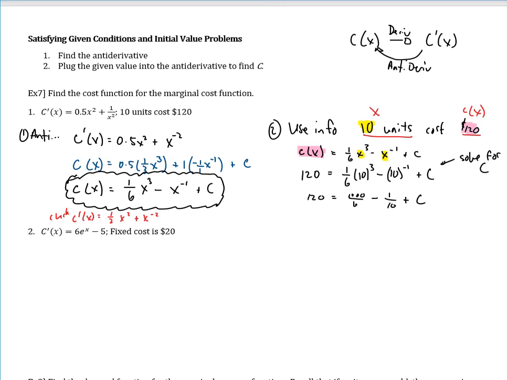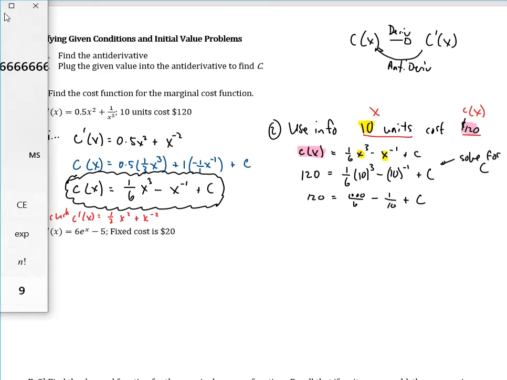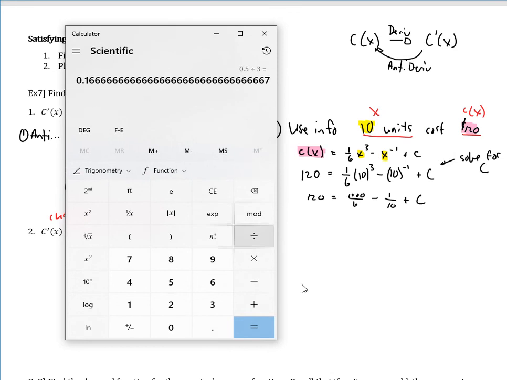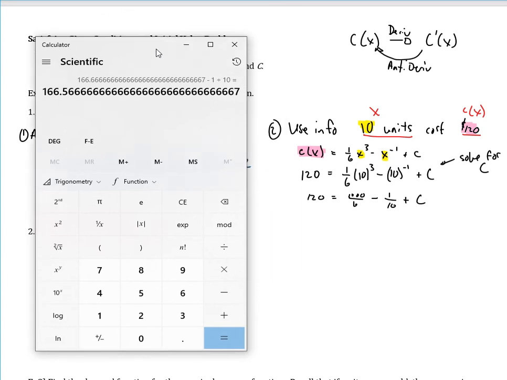Okay, and so at this point, I'm going to use the calculator to simplify. So I do have 1,000 divided by 6, and then we're going to minus 1/10 from that. And it gives us that. Okay, so we have 166.56.